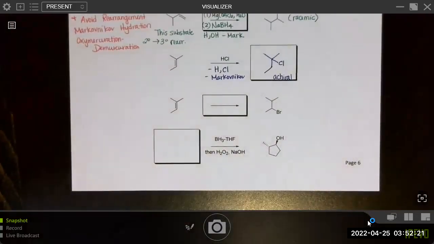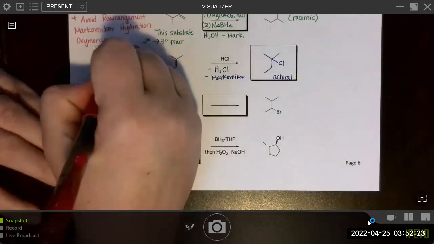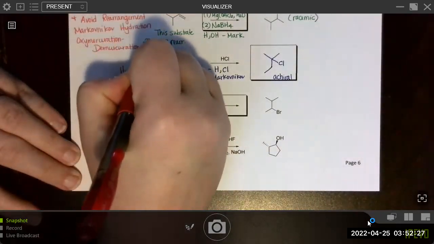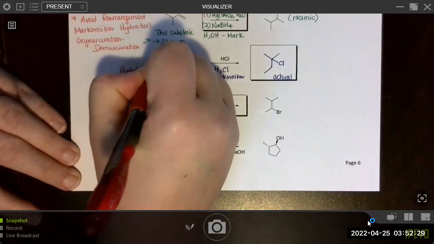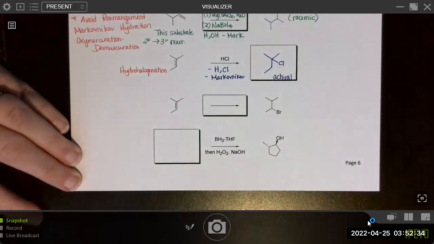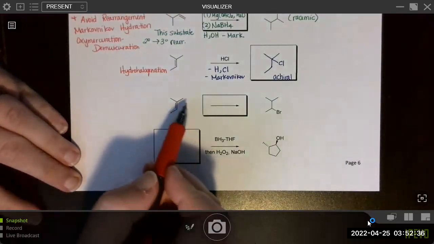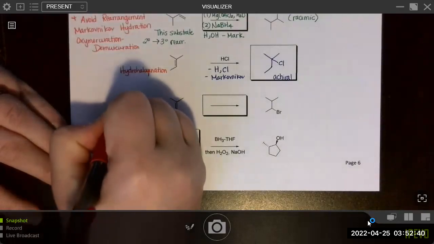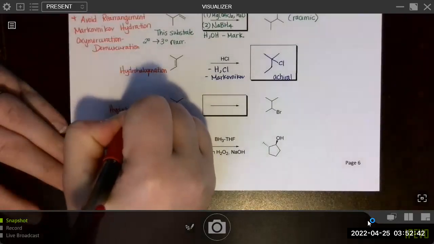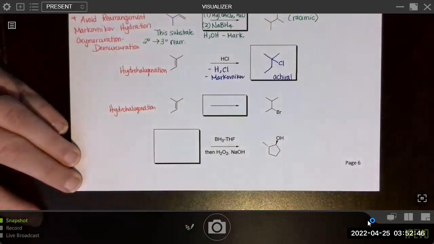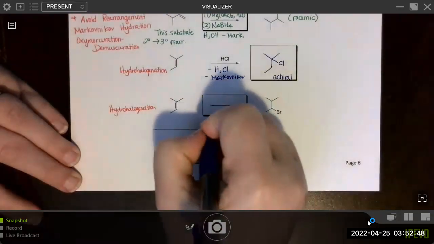Okay. So let's write in the reaction though. This is a hydrohalogenation reaction. Next, it looks like we want to do another hydrohalogenation reaction because I noticed that we need to add H and Br across the double bond.